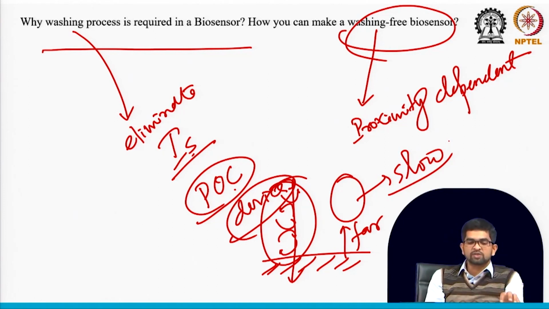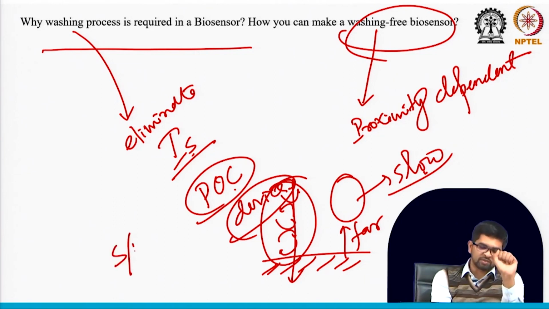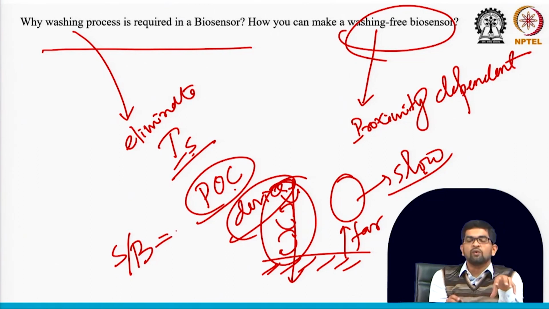The washing process is always required to eliminate the interfering species effect, but we can design a washing free sensor based on the proximity effect. At that time you have to be very careful that, although you are not eliminating the interfering species, they should not contribute much to your background current, otherwise your signal to background ratio will be low.